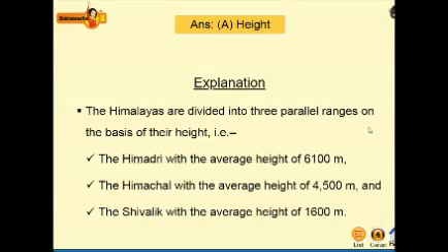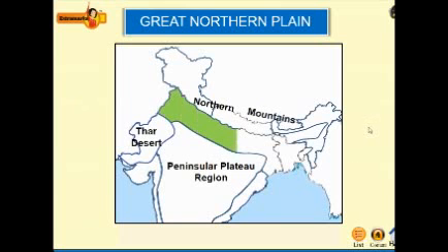That is, the Himadri with an average height of 6,100 meters, the Himachal with an average height of 4,500 meters, and the Shivalik with an average height of 1,600 meters. Clear? Now let's see the Great Northern Plains.